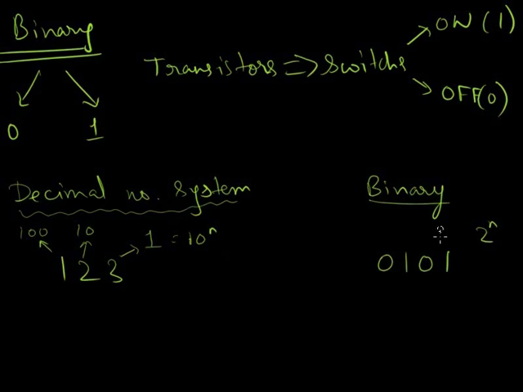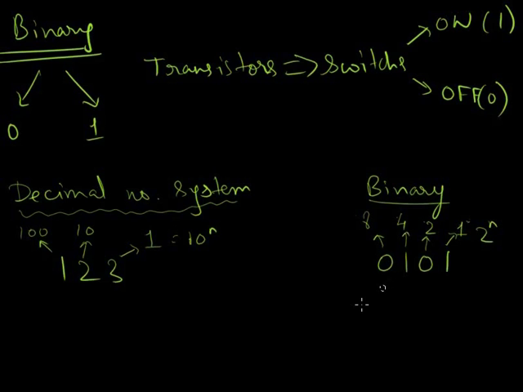So we have the 1's place, the 2's place, the 4's place, and the 8's place. This is 2 raised to power 0, this is 2 raised to power 1, this is 2 raised to power 2, and this is 2 raised to power 3. So this way we have the binary.